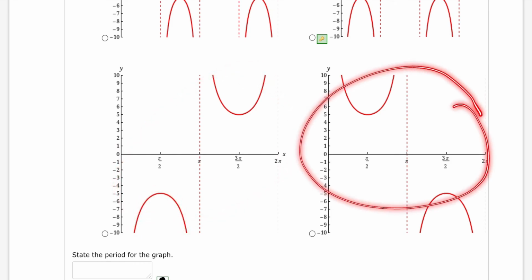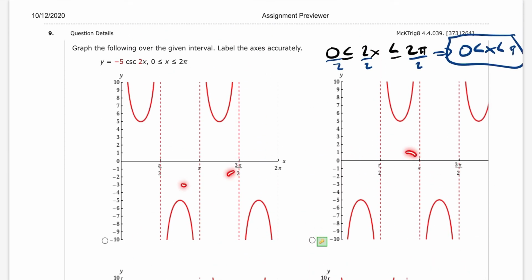All right, so let's see which of these two it could be. Well, sine goes down first, so that would have gone down first like that, and then like that. And as you can see, the sine curve would have gone down below, but it's on the top, so it's got to be this one because sine would have gone down first and then up second.